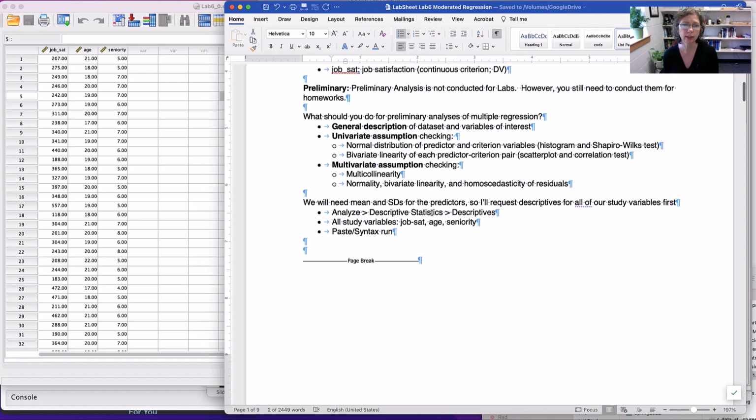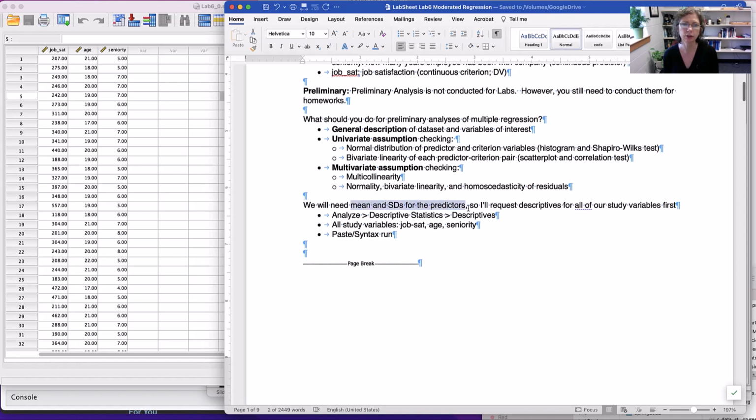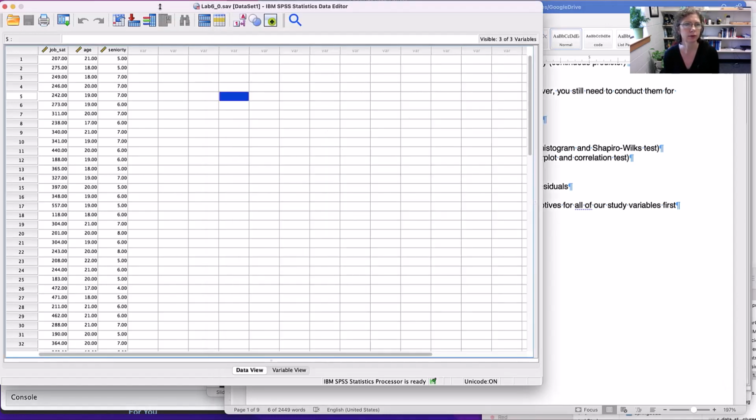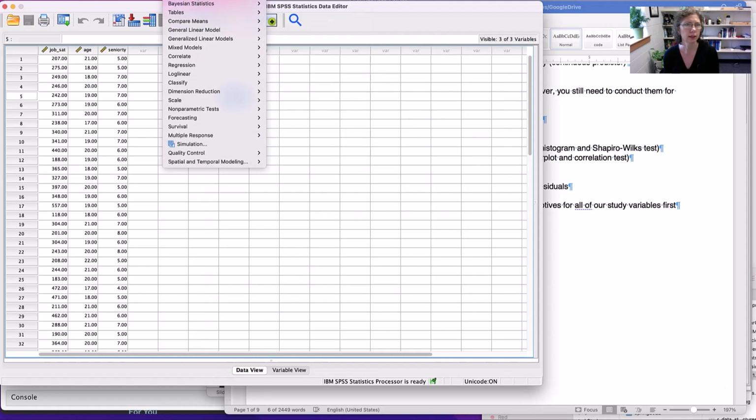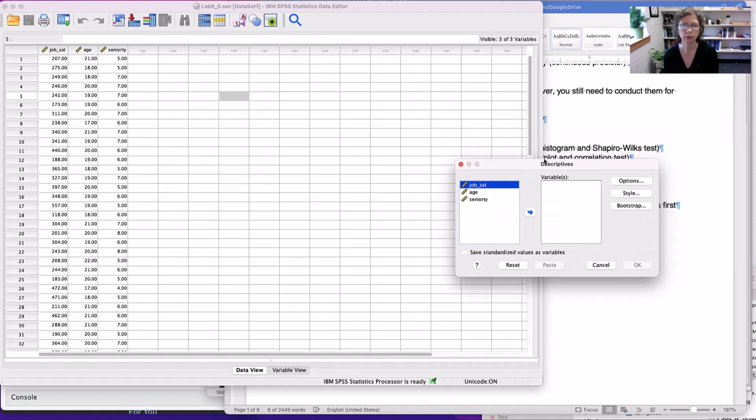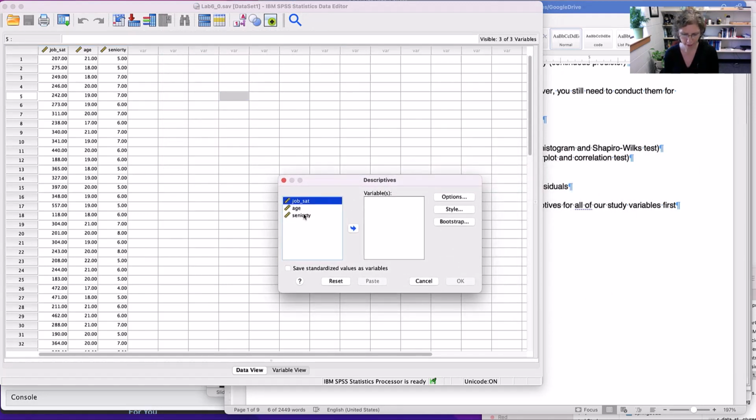Now we are going to need the mean and standard deviations for the predictors, so I will request that for our study variables. Go to Analyze, Descriptives, and I want all 3 of them over there. There we go.